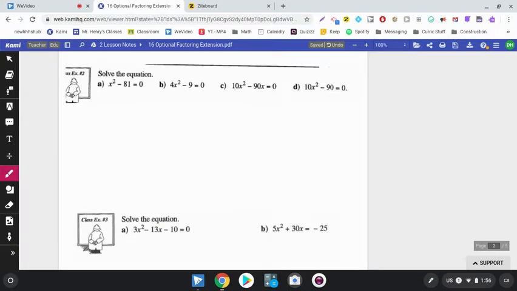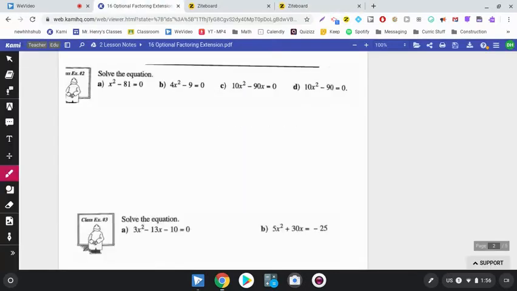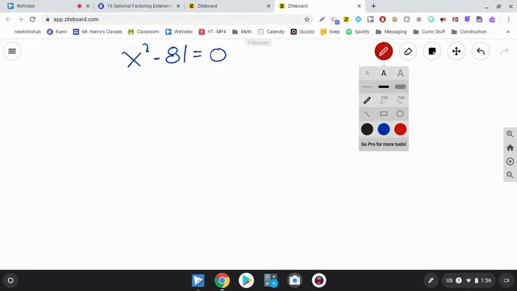I want to do this one 2 ways, and then I'll talk about it. So the first way, I'm actually just going to open a new tab to look at. X squared minus 81. If you looked at this, you might see a different way to solve, and I want to talk our way through it.